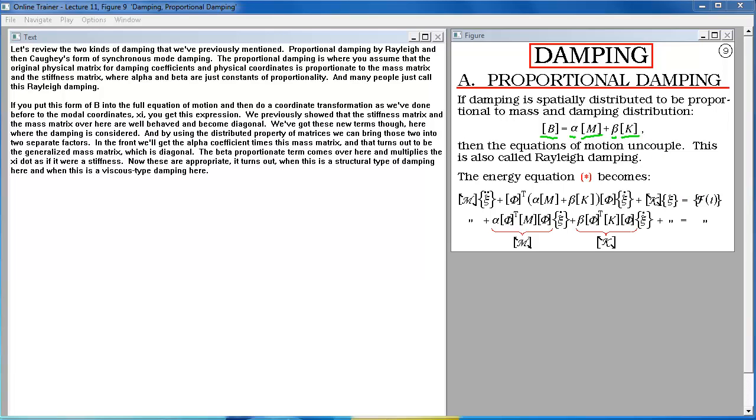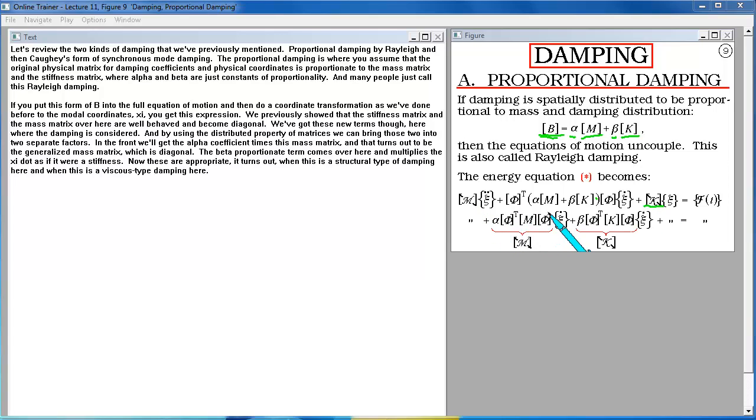If you put this form of B into the full equation of motion and then do a coordinate transformation, as we've done before, to the modal coordinates, Xi, you get this expression. We previously showed that the stiffness matrix and the mass matrix over here are well behaved and become diagonal.